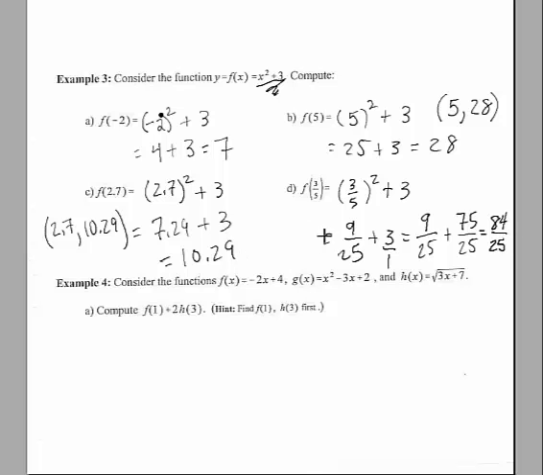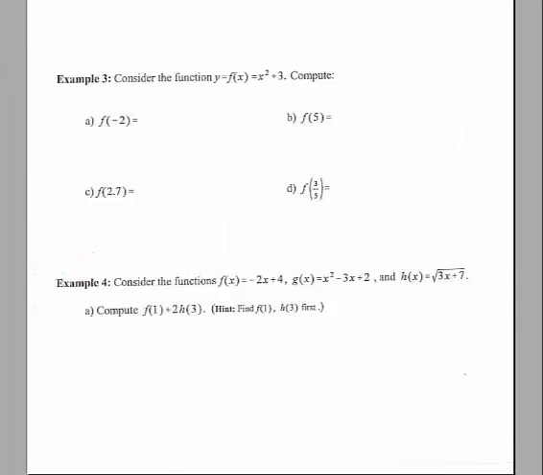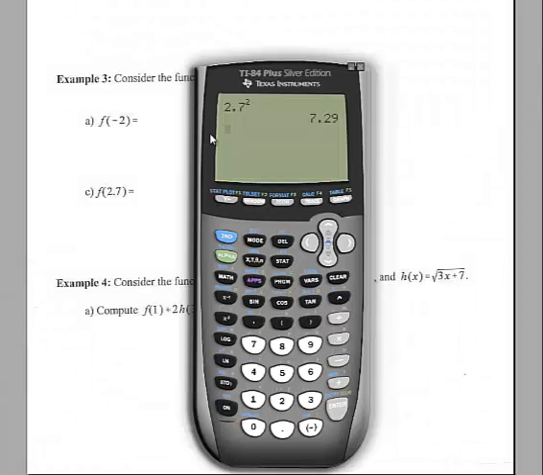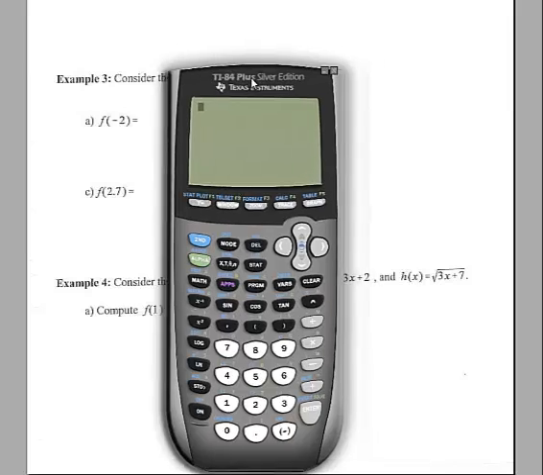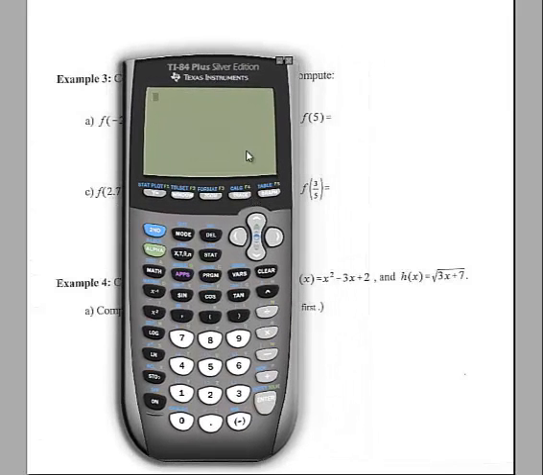Of course, you could probably calculate that with your calculator. More than likely, you'd end up with a decimal. Okay, I'll bring my calculator back up. I want to show you how you can take a decimal with the TI-89 and change it to a fraction. So we'll go back to f of 3/5. 3 divided by 5.